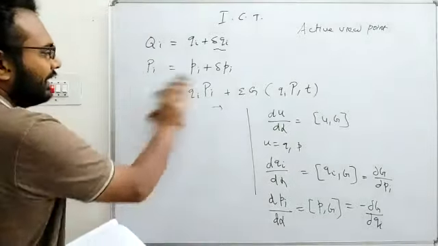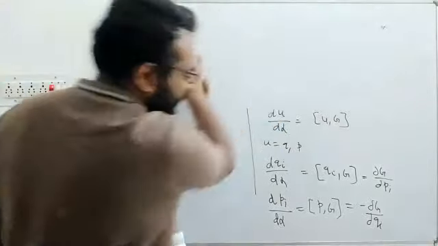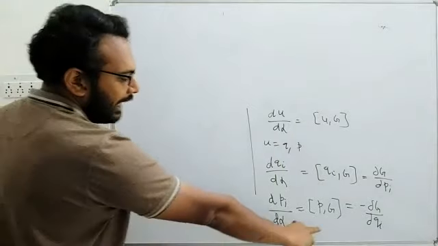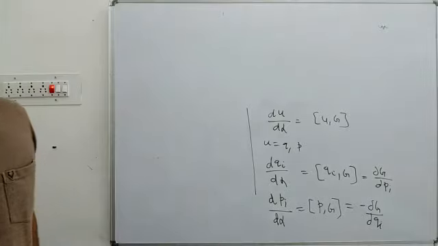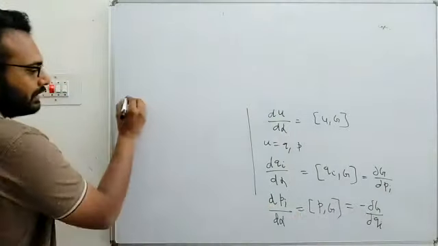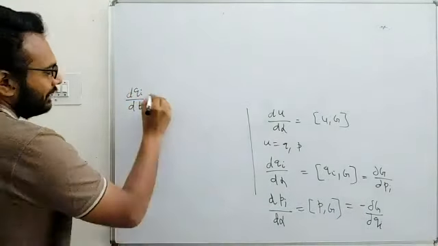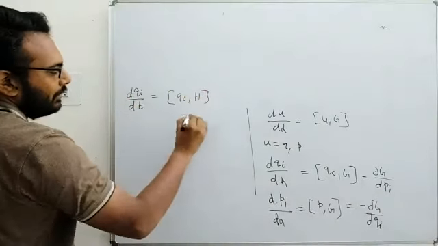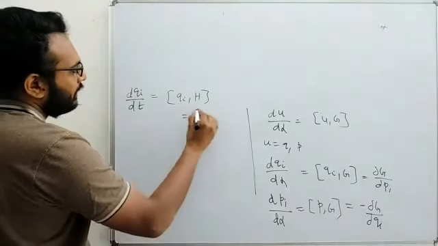Now, these look exactly like the Hamiltonian evolution. If the parameter is time, and in place of g you have the Hamiltonian, then you see that these are just Hamilton's equations of motion. dqi by dt, if alpha is t, is qi with h, and we know that this is dou h by dou pi.